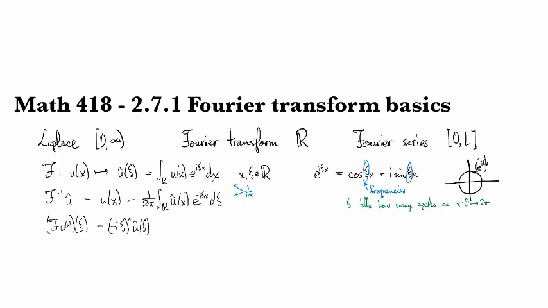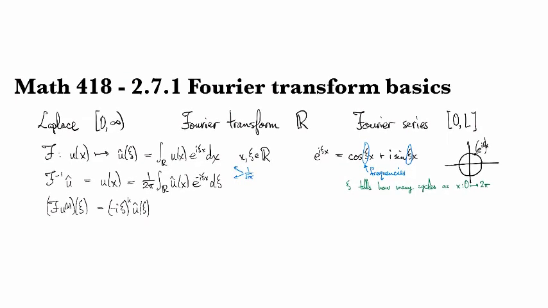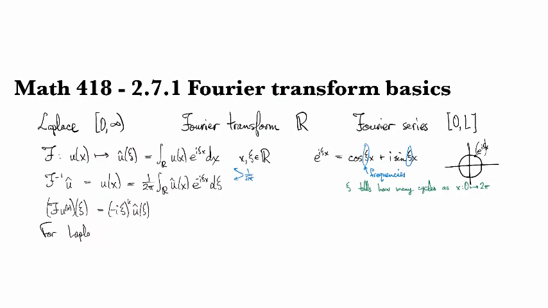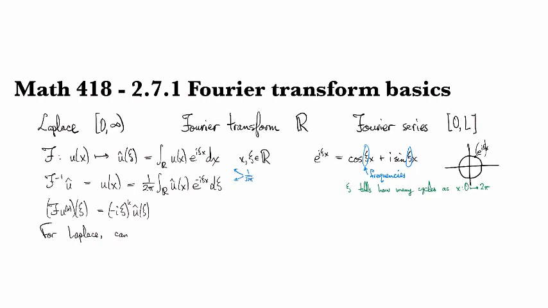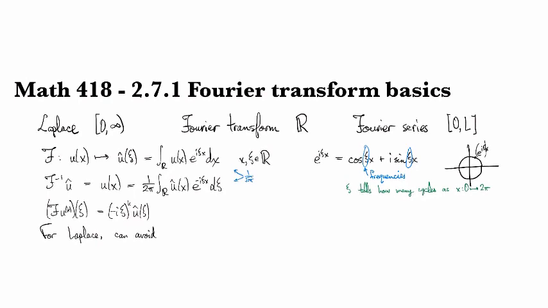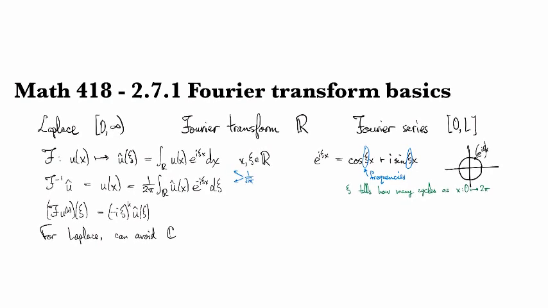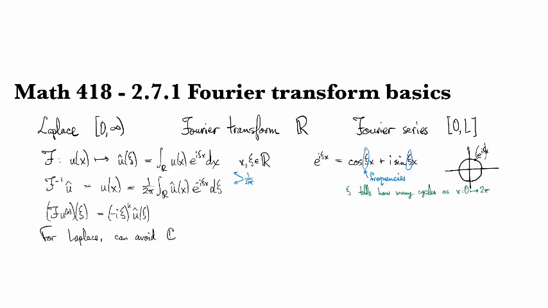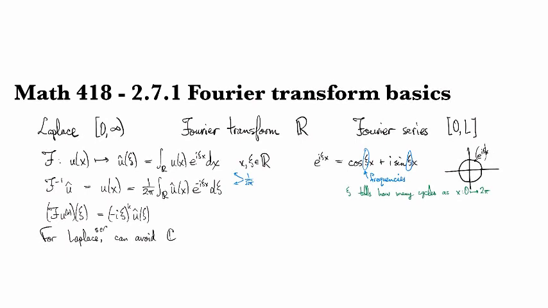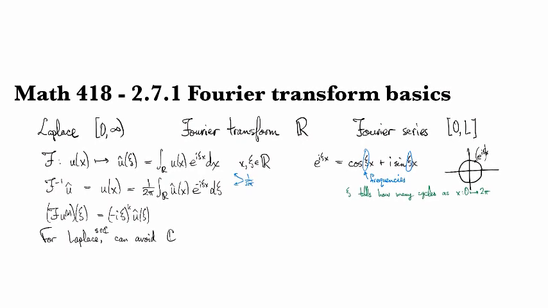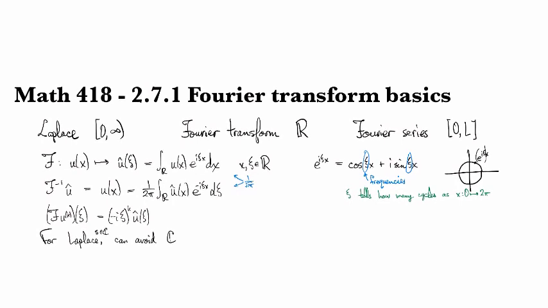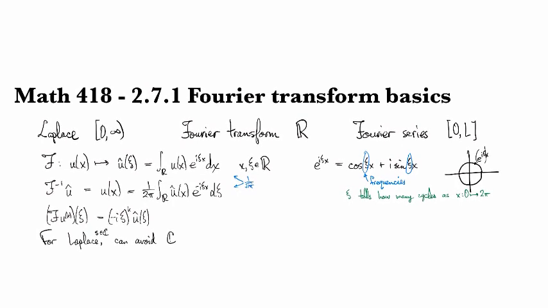Again, that comes by doing integration by parts. For the Laplace transform, we can usually avoid the fact that we're secretly working in C, because the transform variable s is actually secretly a complex variable. With most of the applications for solving differential equations, we can dodge around it.